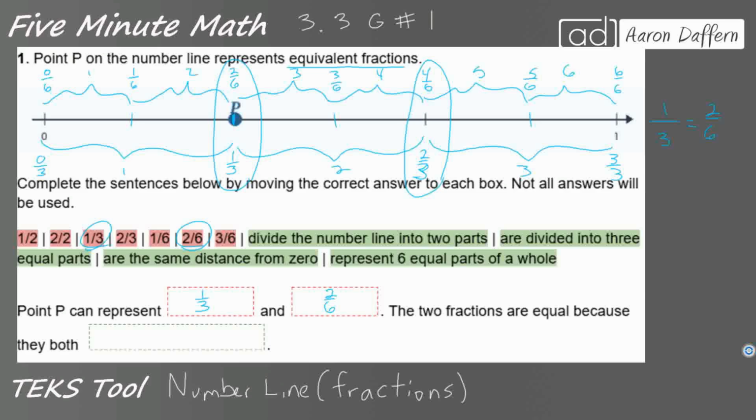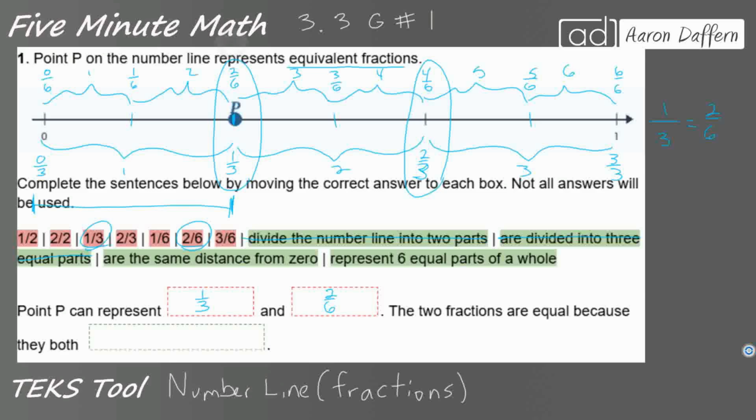Now, why? The fractions are equal because they both, and then some of these green ones, divide the number line into 2 parts. No, neither of them actually do that. Are divided into 3 equal parts. Well, the 1/3 is, but not the 2/6. Are the same distance from 0. Well, look, if I look at it right here, how far away is it from 0?